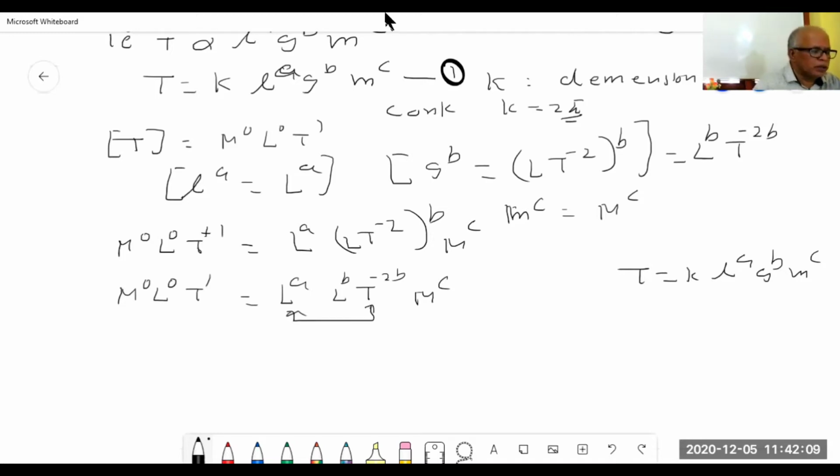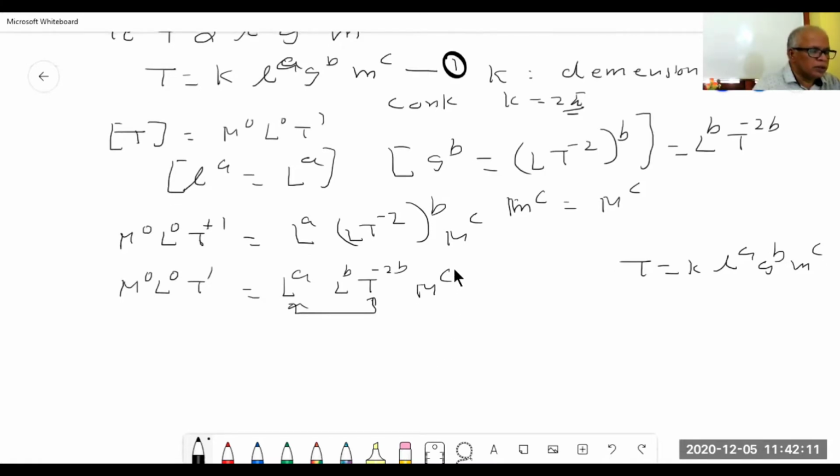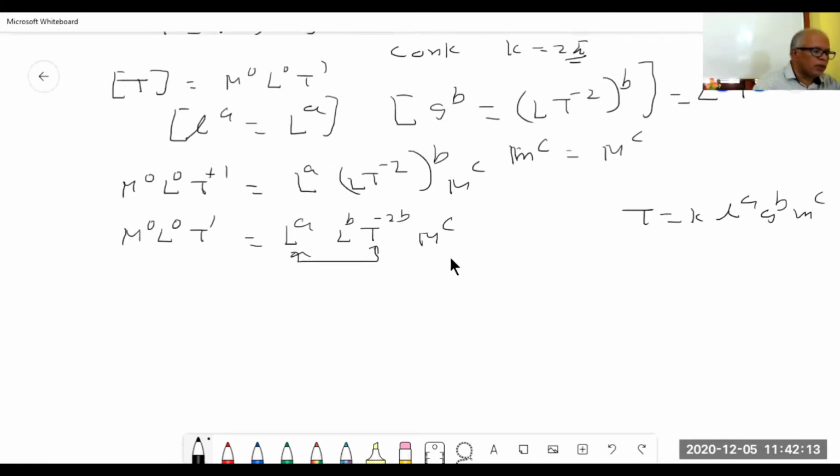So what will you get? You'll get m raised to 0, L raised to 0, T raised to 1, m raised to C, and L raised to A plus B, T raised to minus 2B.